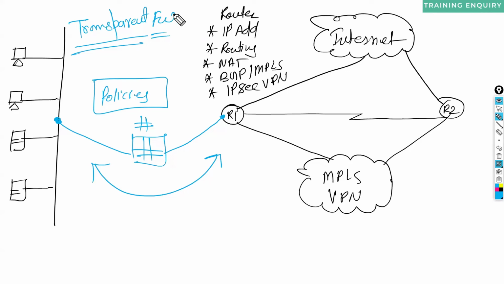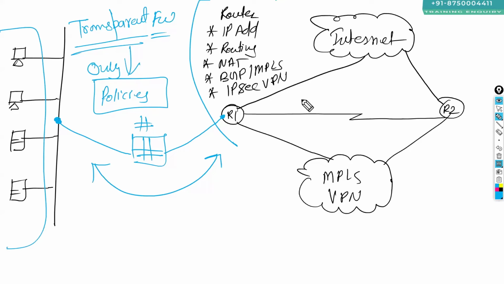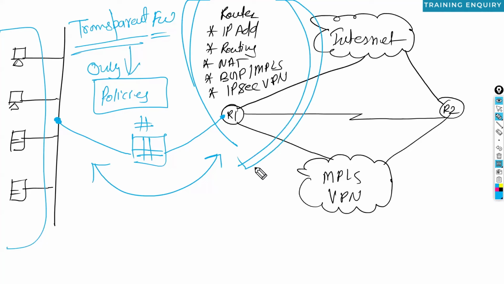The main aim of deploying a transparent firewall is that we want only firewall policies to protect our network, but we don't want to change our network configuration. When we don't want to change network configuration but still want to protect our network, we have to use a transparent firewall. So this is our transparent firewall.